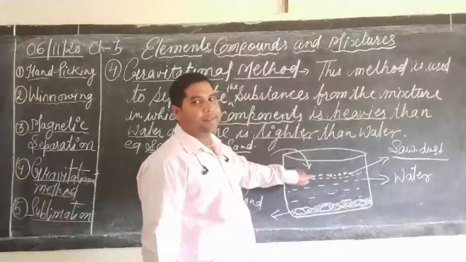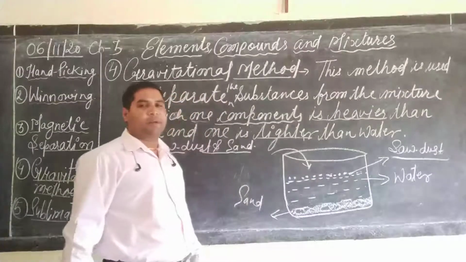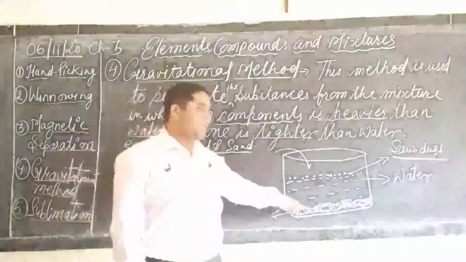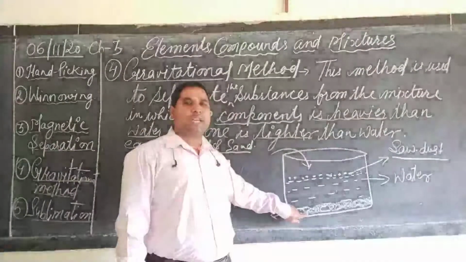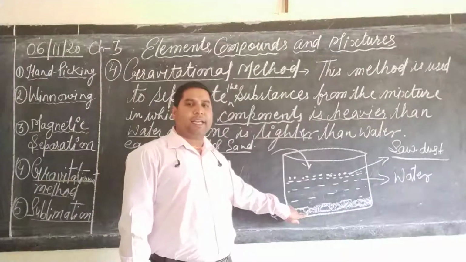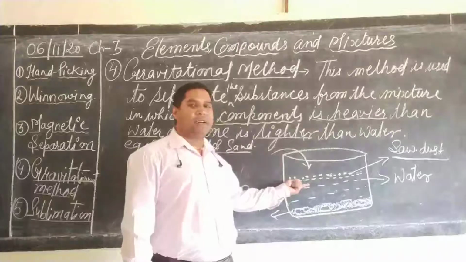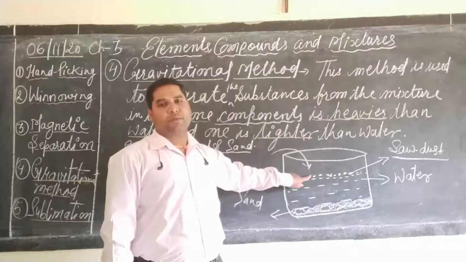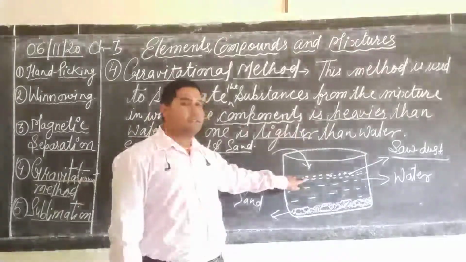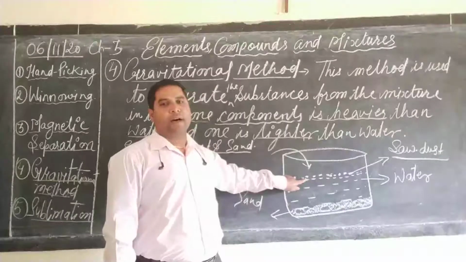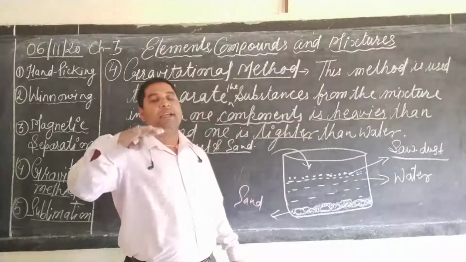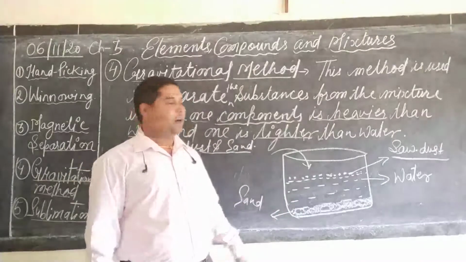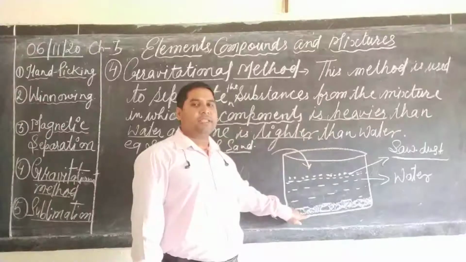So this way, the two components of the mixture, one is heavier, which settles at the bottom of the container, and the other is lighter, which is placed at the surface of the water. Sawdust floats on the surface of the water because it is lighter than the water, and the sand, which is heavier, settles at the bottom.